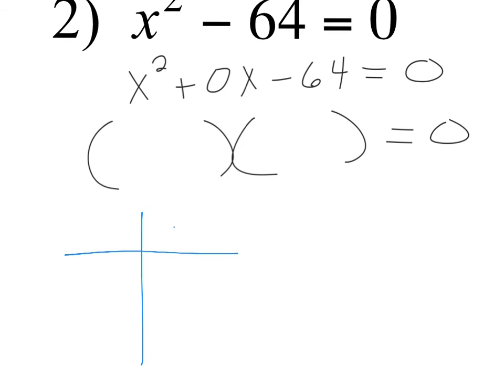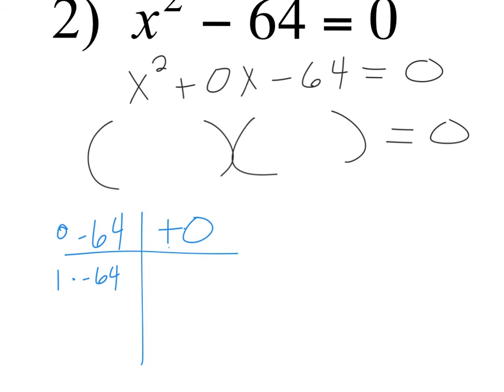So what do you multiply to get 0? Sorry, what you add to get 0, and then multiply to get negative 64. Negative 64 and 1? No. It's either negative 64 times 1 or negative 64 times negative 1.